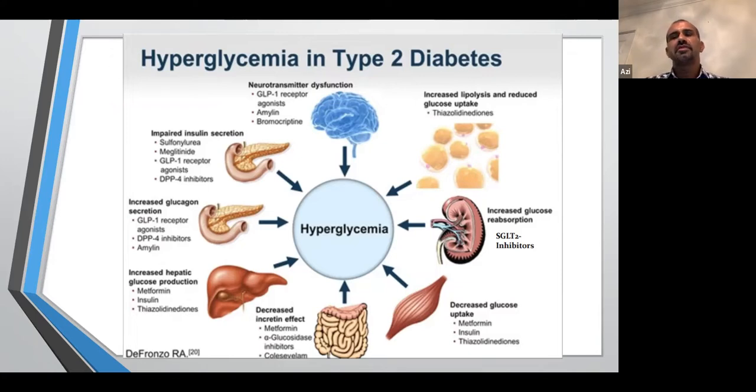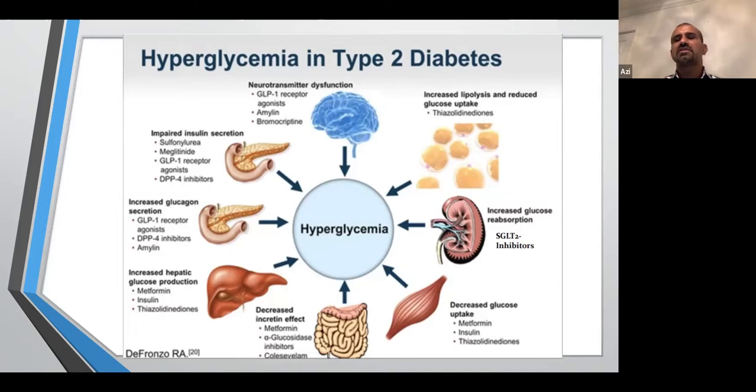Increased glucose reabsorption happens in diabetes as well, and SGLT2 inhibitors prevent that. Muscle uptake, where metformin and this medication act, and then increased intestinal reabsorption. A very important function is gluconeogenesis during diabetes. That function goes up, and metformin and other medicines bring it down.